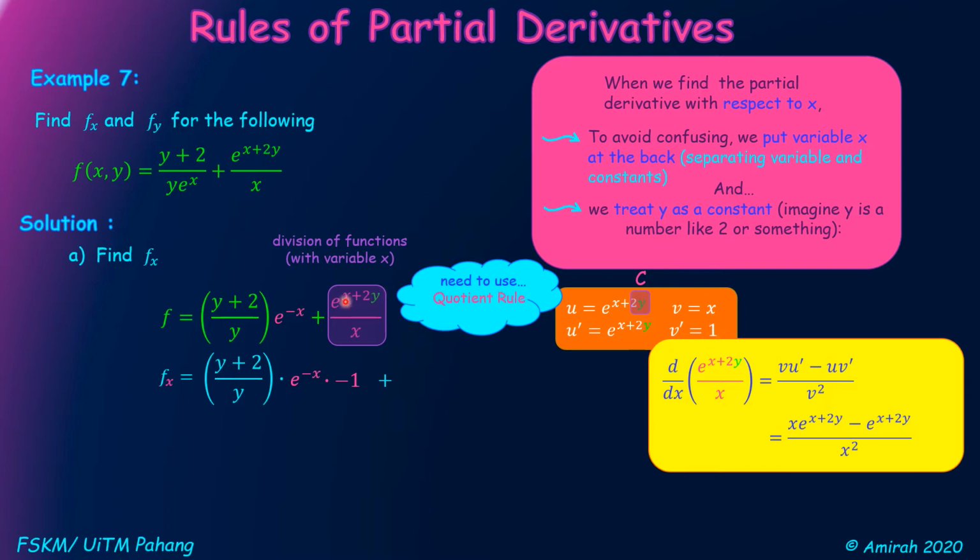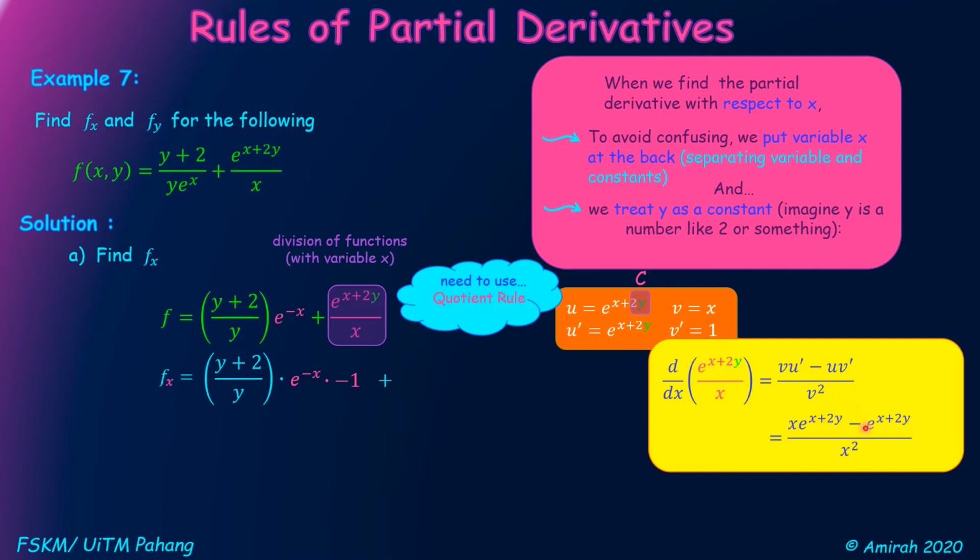After that, we substitute into the quotient rule formula. When we differentiate e to the power of x plus 2y over x using the quotient rule formula, vu prime minus uv prime over v squared, we cross multiply here to get vu prime. So we multiply x by e to the power of x plus 2y.